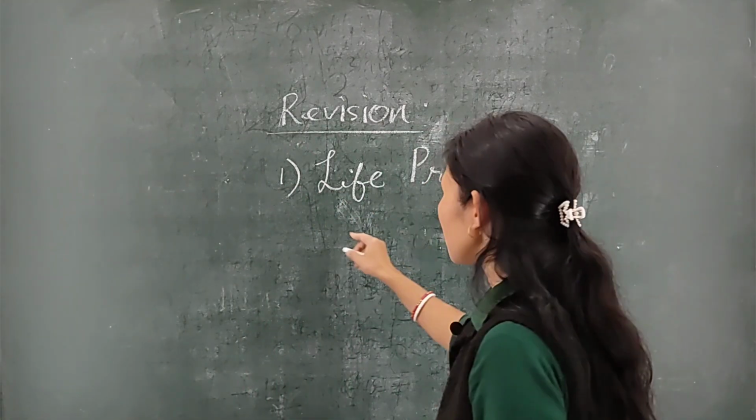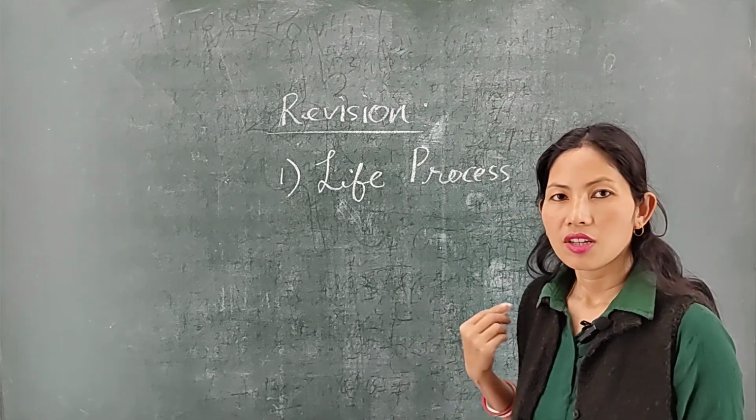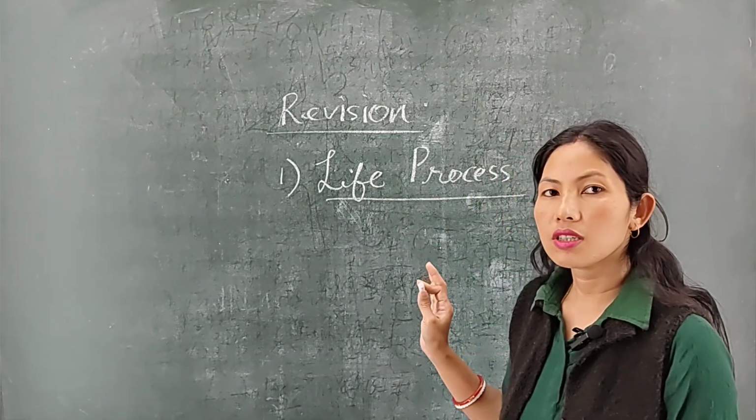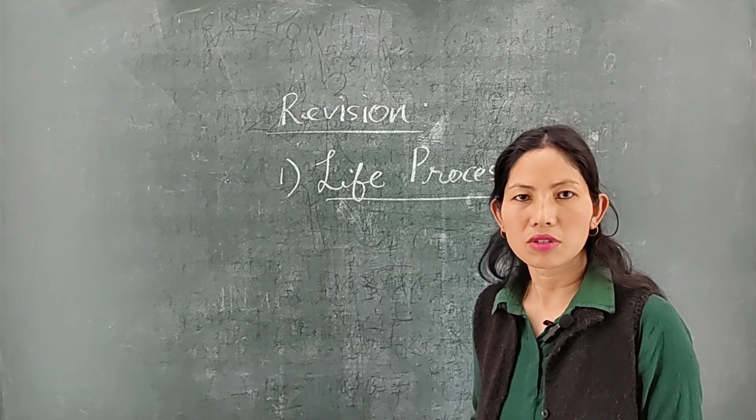First we will see what are the different important topics that you have to cover in this lesson. Under life process, first of all you need to study the different processes of life that make an organism alive.